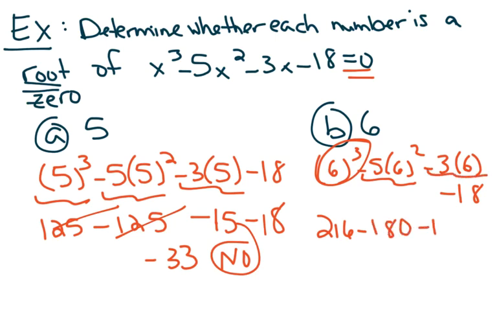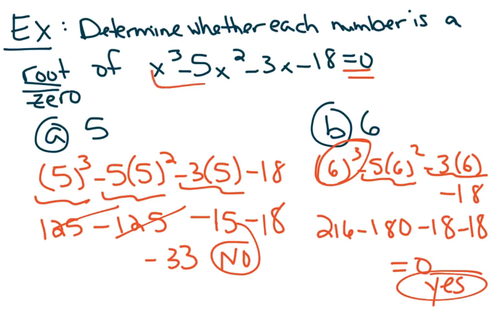Minus 18, minus 18. And 216 minus 180 minus 18 minus 18 is going to be 0, which means that it must be a root of the polynomial. In other words, if you were to graph this in y1 equals, and look at the graph, I claim to you that the graph would cross the x-axis or touch the x-axis at x equals 6.